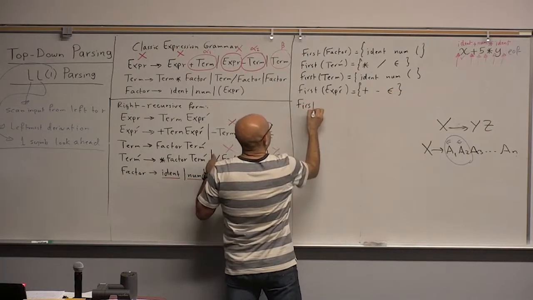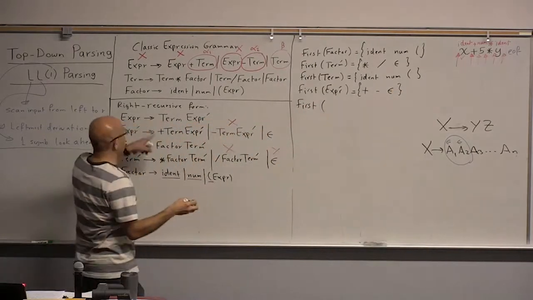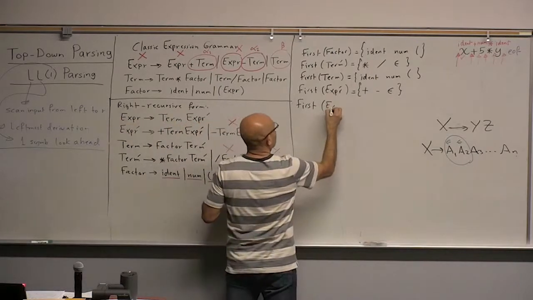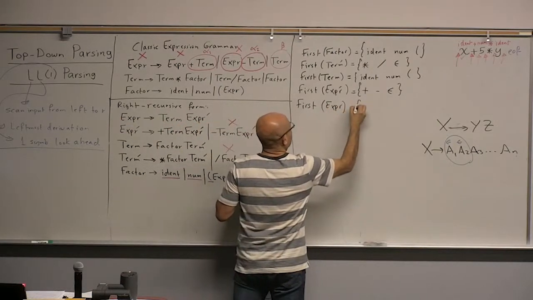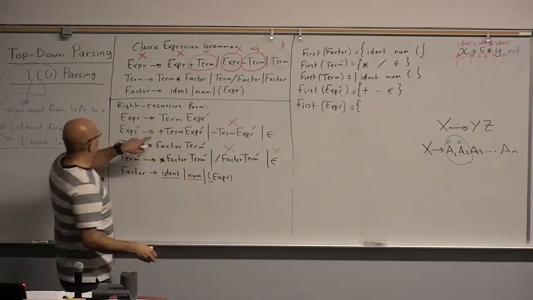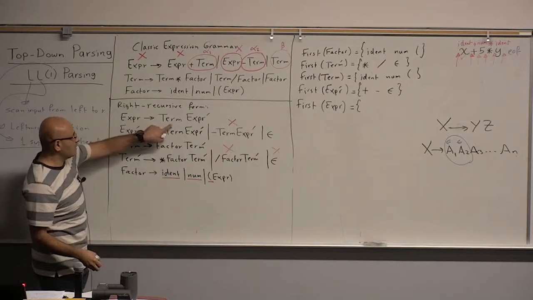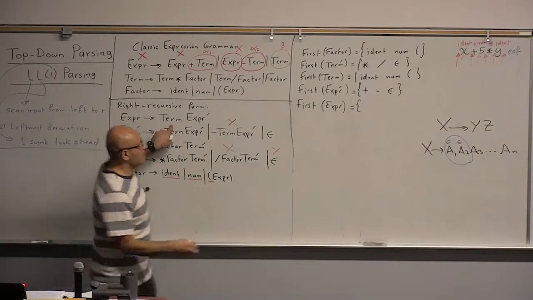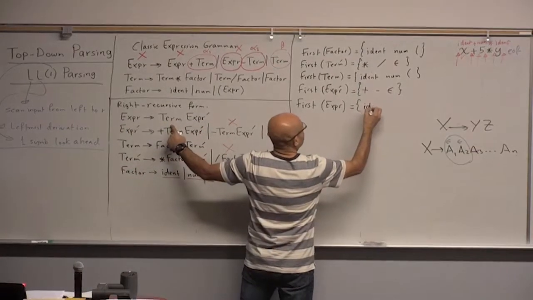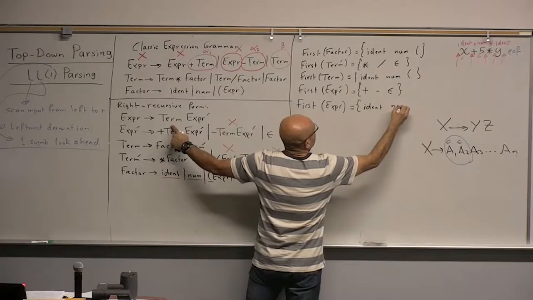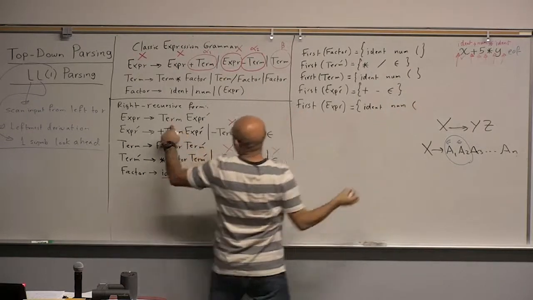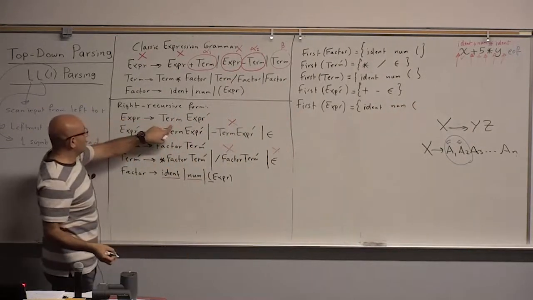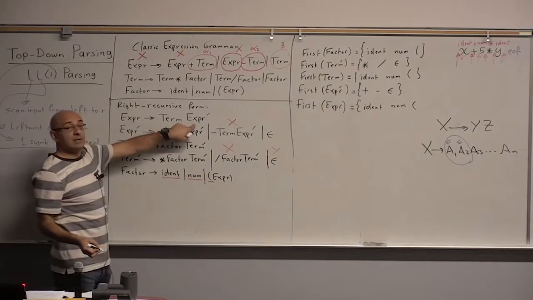First of expression is the first of term, since expression starts with a term. The first set of term has identifier, number, and open parens. Should I look at the first set of expression prime?